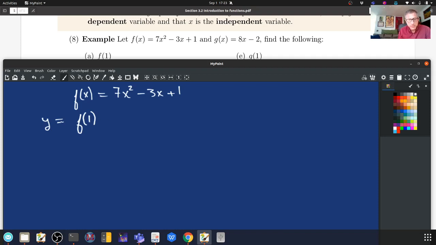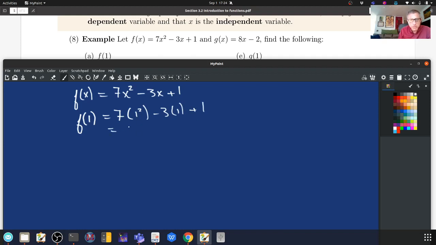Well, it's really simple. All I do is I take x, the symbol x, and I replace it by the element in the domain for which we say it is. It's 1. So 1 squared minus 3 times 1 plus 1.